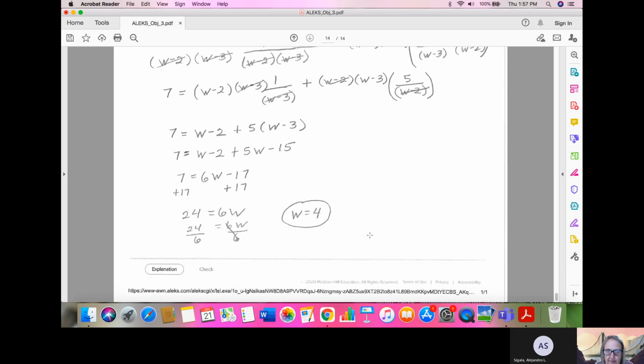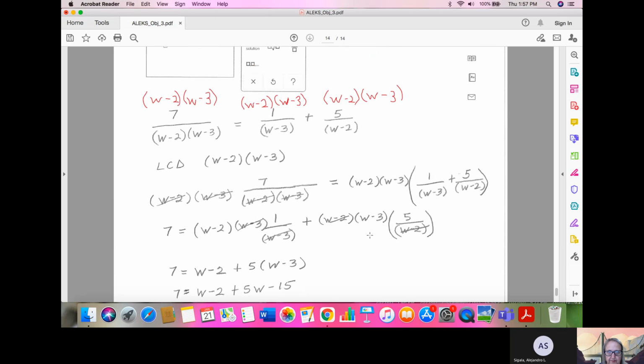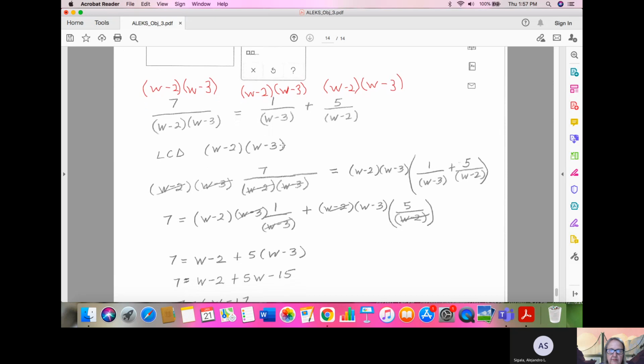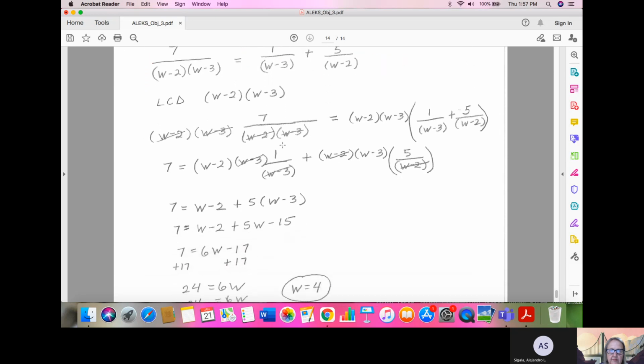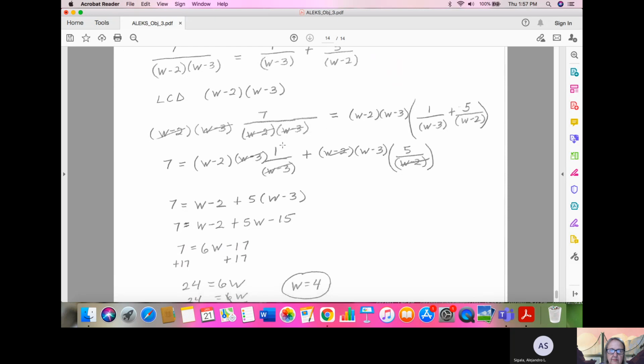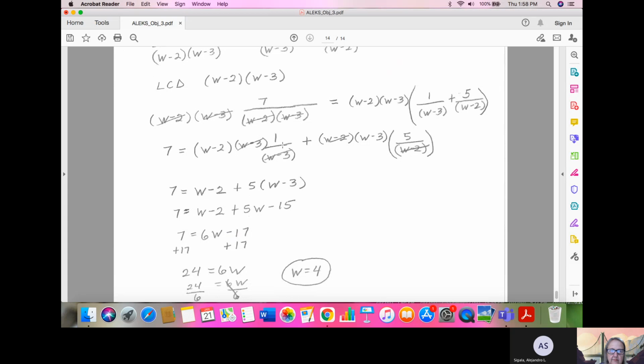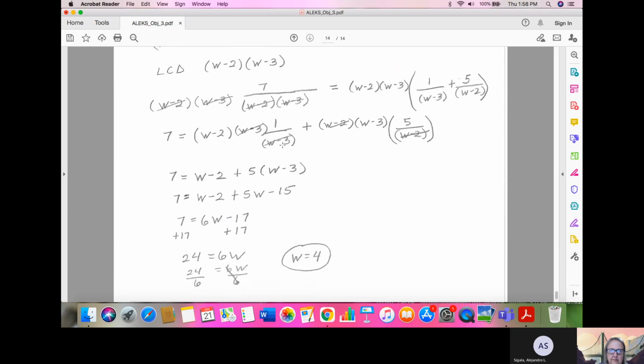You factored out the first denominator, got the least common factor, which was the W minus 2 and then the W minus 3. That would be the least common factor. And then you went ahead and multiplied the W minus 2, W minus 3 over both sides, canceling out the first side, just leaving 7, canceling out the W minus 3 over the 1, then multiplying the 1, which would be itself, then getting the 5, distributing the 5 over the W minus 3, which would then lead to W minus 2 plus 5W minus 15.